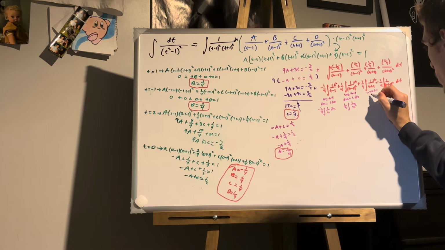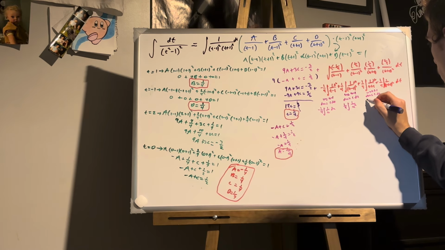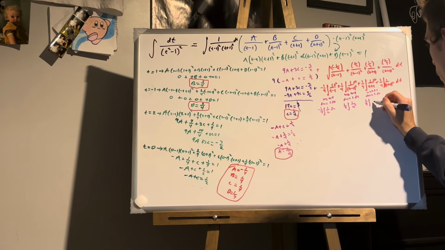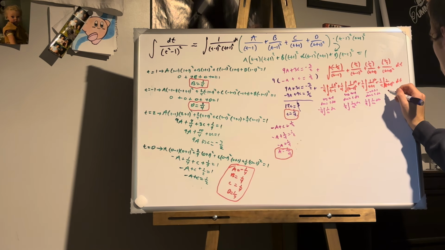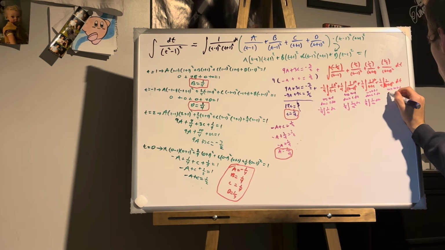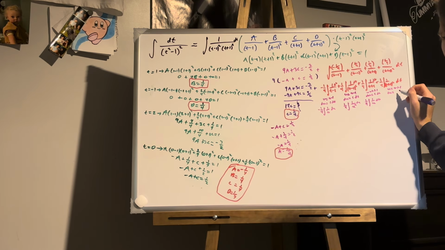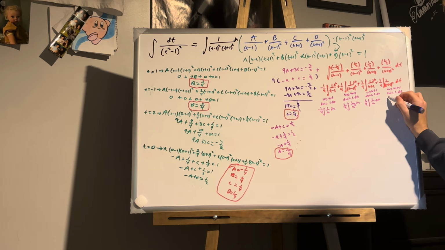u equals t plus 1, du equals 1 dt, 1/4 times the integral of 1 over u du. This is du. u equals t plus 1, du equals 1 dt, 1/4 the integral of 1 over u squared.